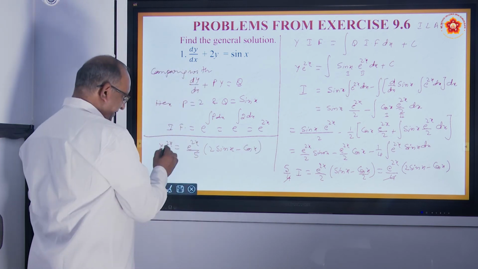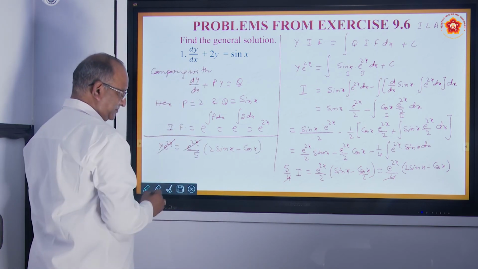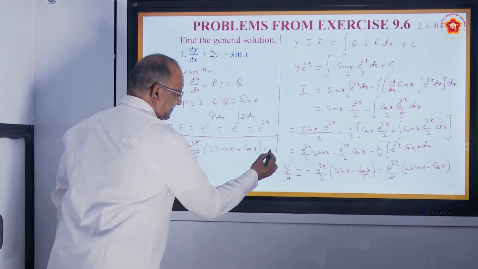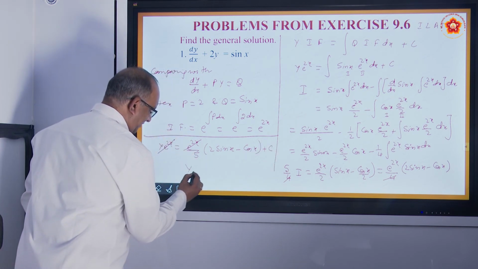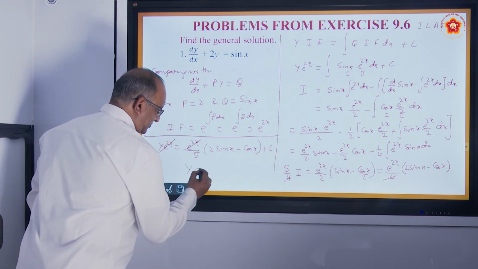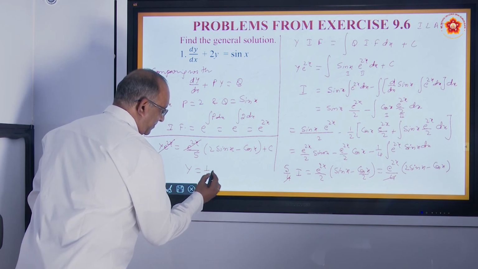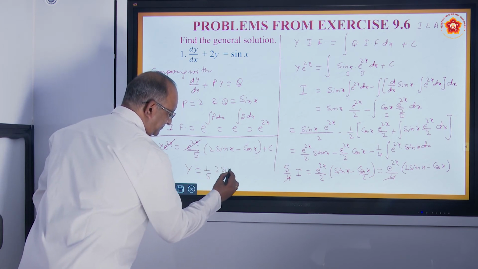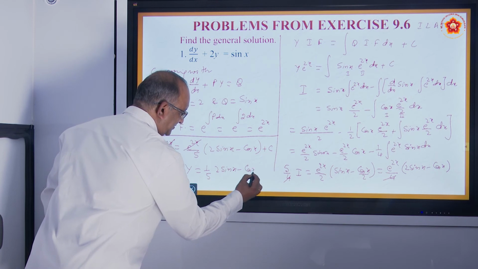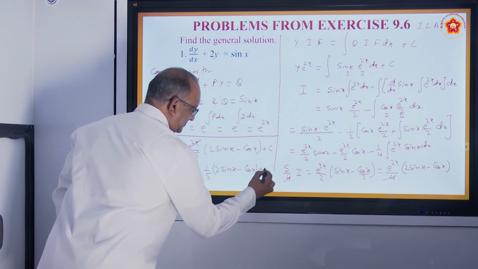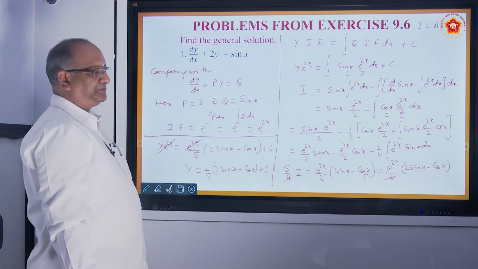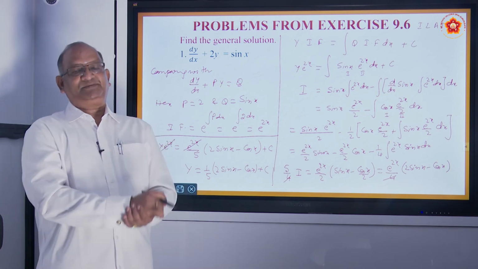What you can do is cancel this e to the power 2x, and plus c. So y is equal to 1 by 5 (2 sin x minus cos x) plus c. This is the answer.